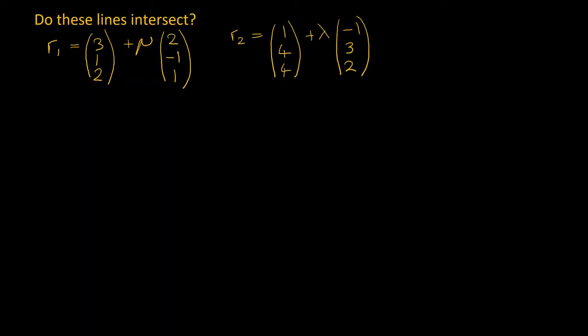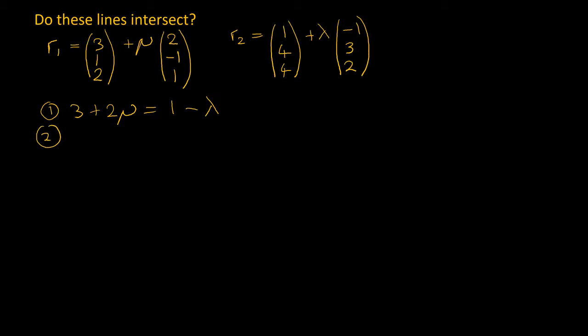So as I mentioned, not all lines do intersect. So we're going to go through the process and find out if these do or don't. So remember, we're just doing equating to find those equations to start with. So for the first one, we're going to have 3 plus 2 mu equals 1 minus lambda.